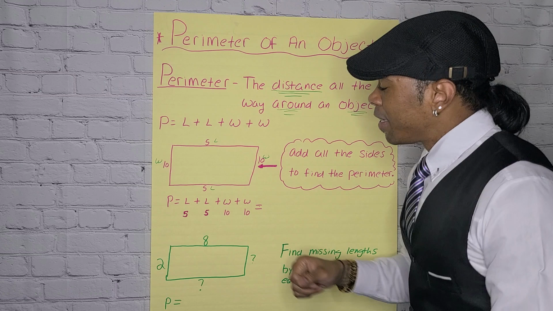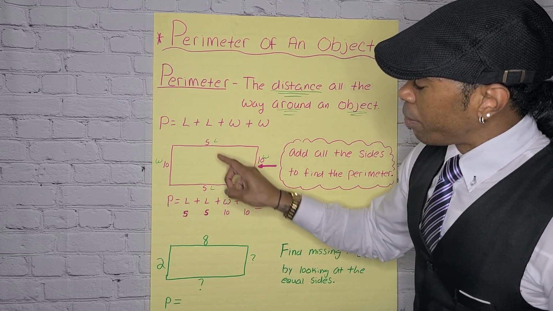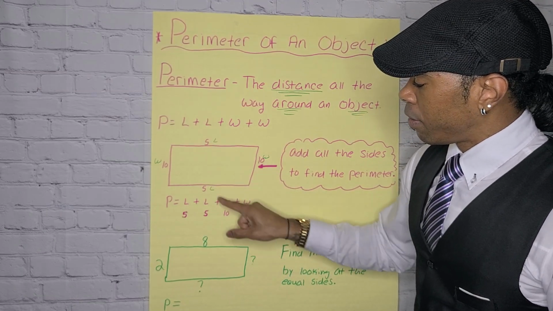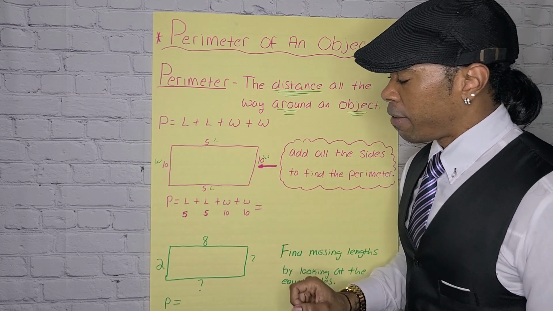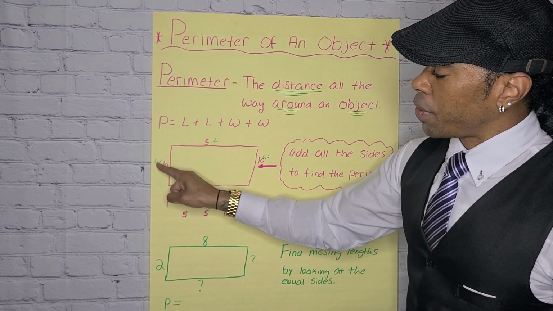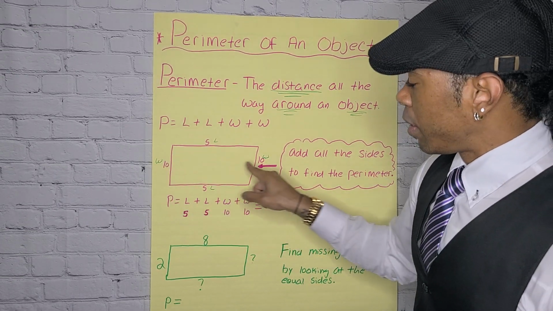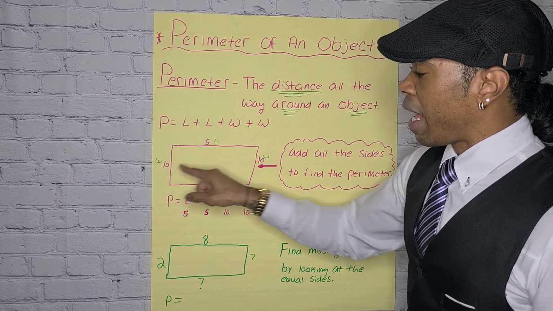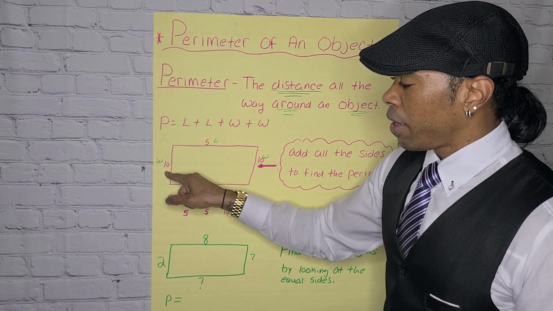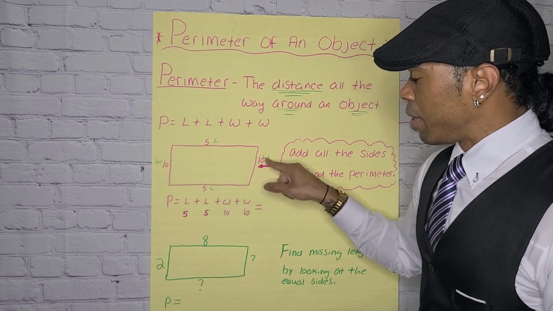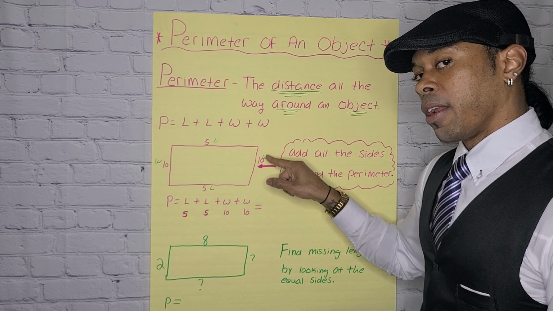All right, so this line is 5, the length is 5, and the length is 5. Now we go over here with the W, that stands for our width. Well, this line is parallel to this line, so that means what I have right here as the number 10, it needs to be the number 10 on this side also.